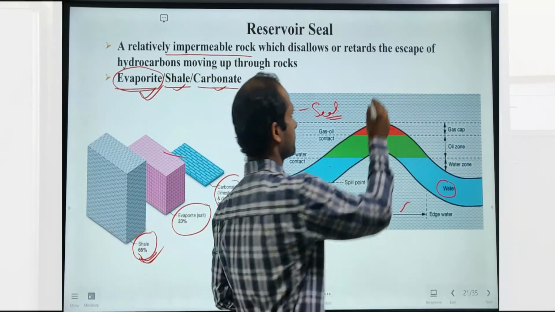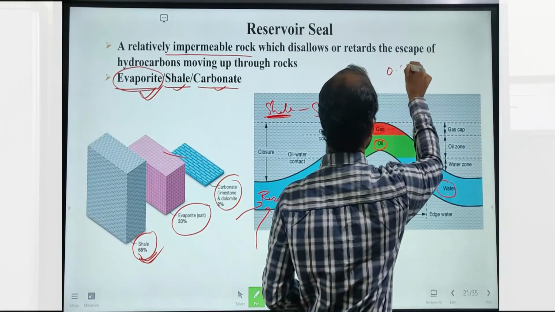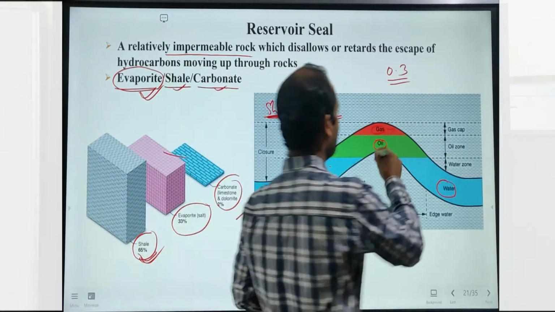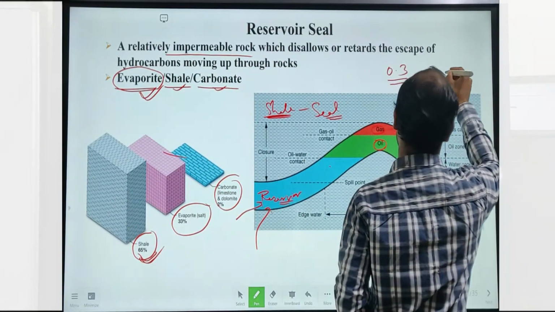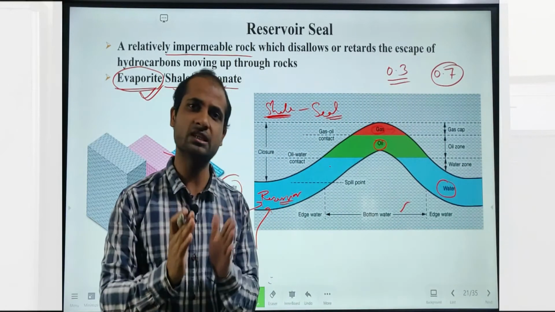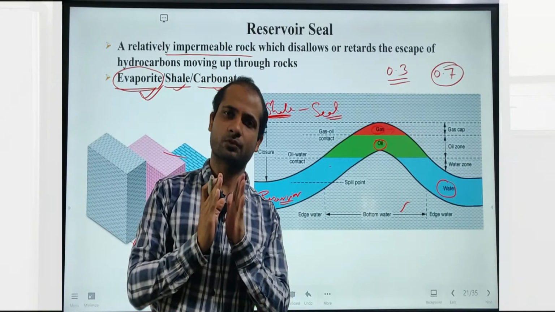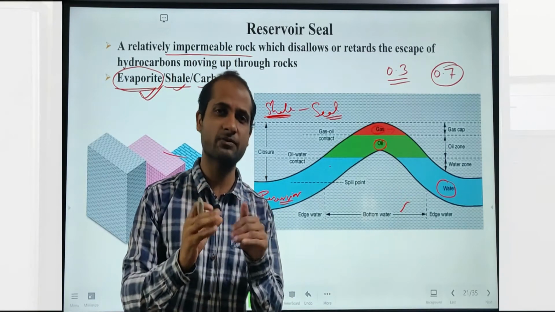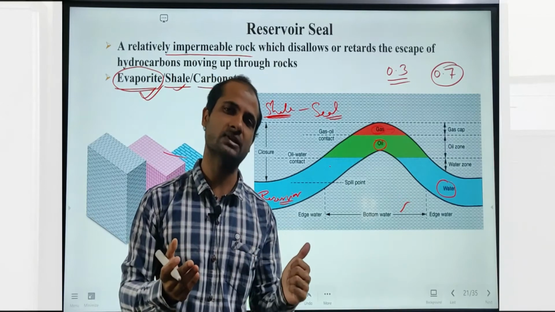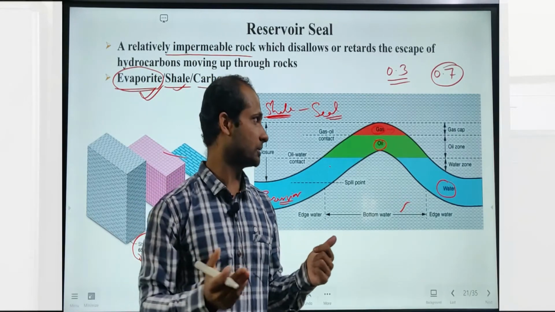Usually the density of gas we take around 0.3 gram per cc, and for oil the density is in general 0.7, but it varies with the specific gravity or API gravity of oil, which we have already discussed in the first class of petroleum geology.